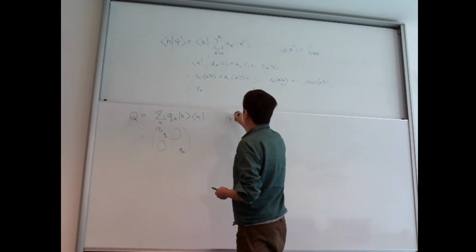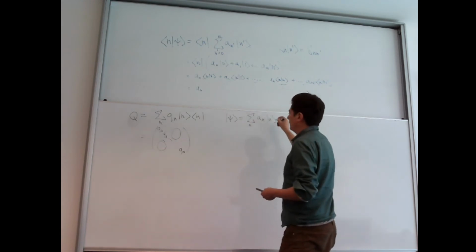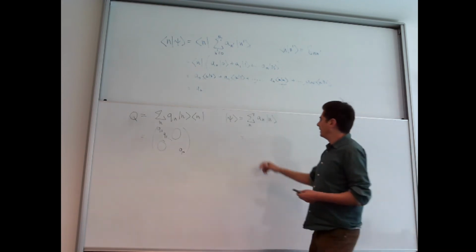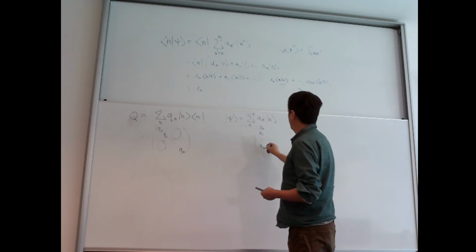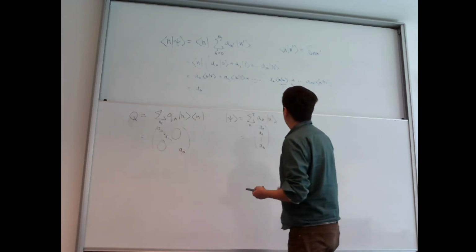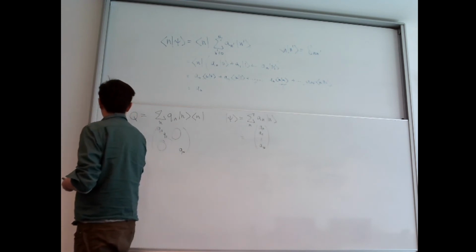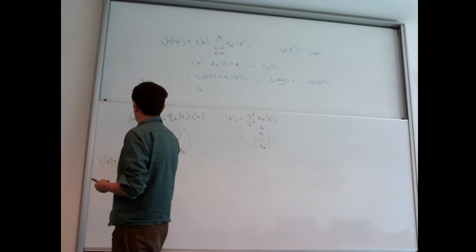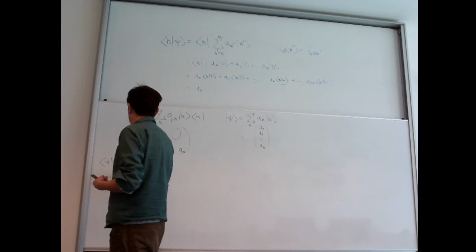Okay. The state is this. And as we've said, the state is actually a vector, right? So the state is going to be something like this. And the bra of this state is, with A star, actually a row vector, right?